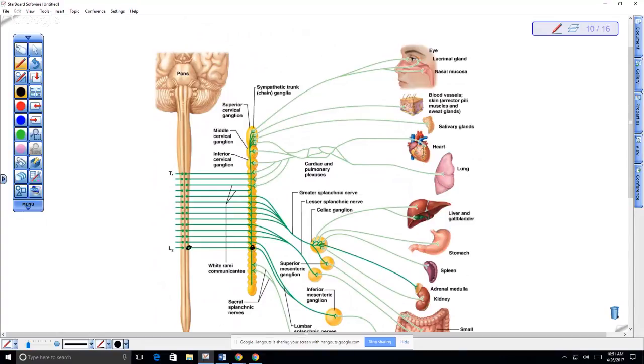Here you can see that the ganglia and the white rami communicantes are near the spinal cord. Notice that it would go out to the eye. If we look at the eye, the sympathetic nervous system causes dilation of the pupil.